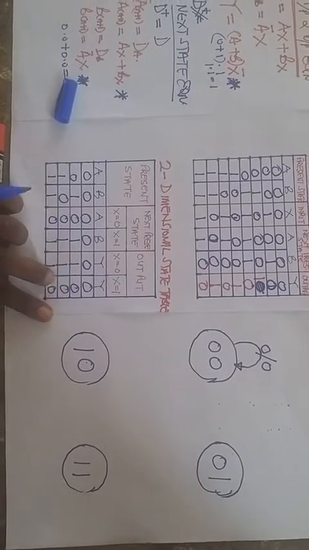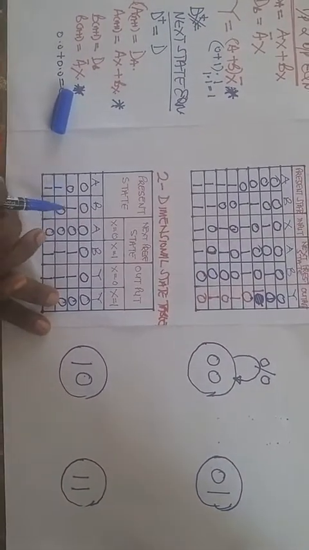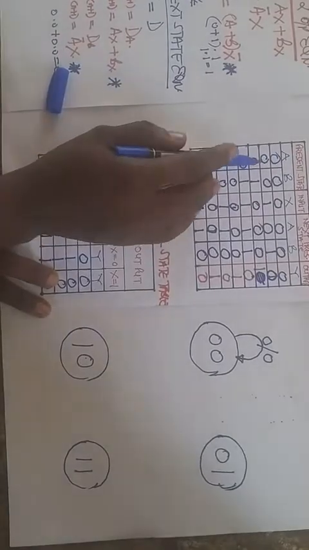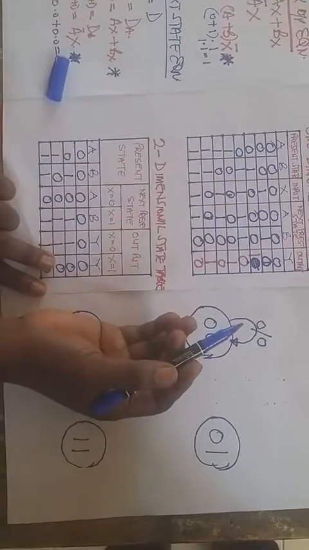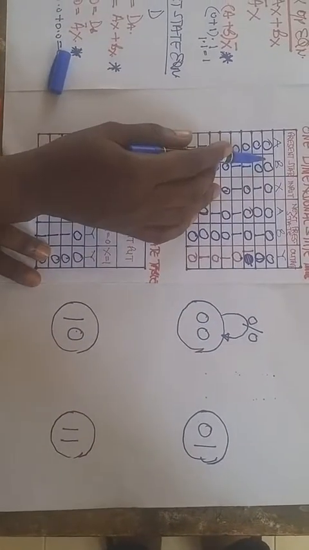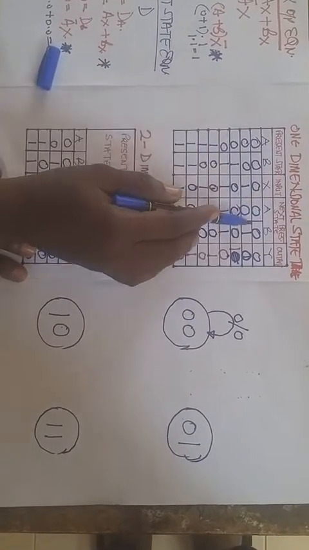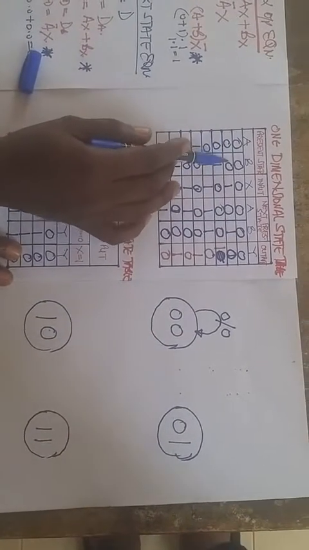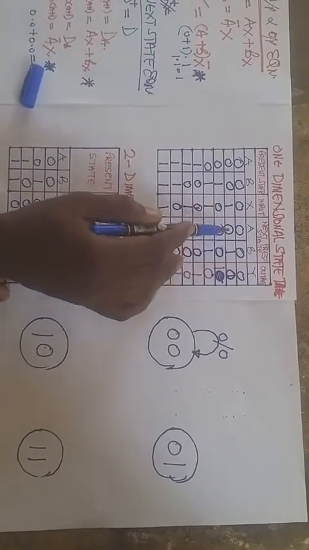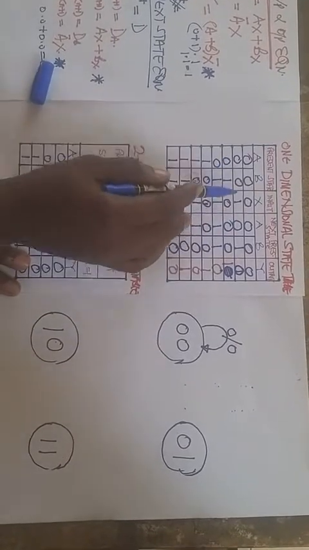Now 01. So we have drawn 00 when the input is 0, no change. Now 00 again, the next state is 01.